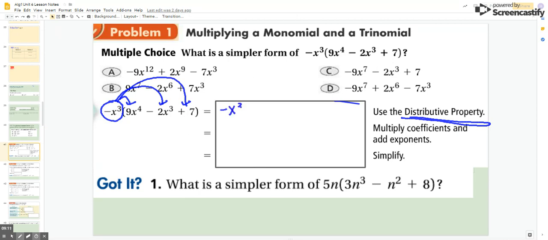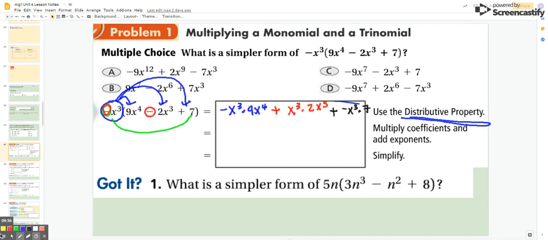Just keep the negative sign: 9x to the 4th. And what is negative times negative? It's going to be positive 2x cubed. And the last, I'm going to multiply these, which is plus negative x cubed times 7.